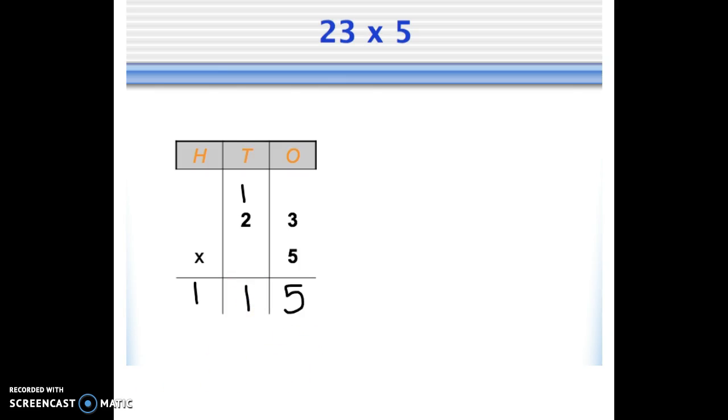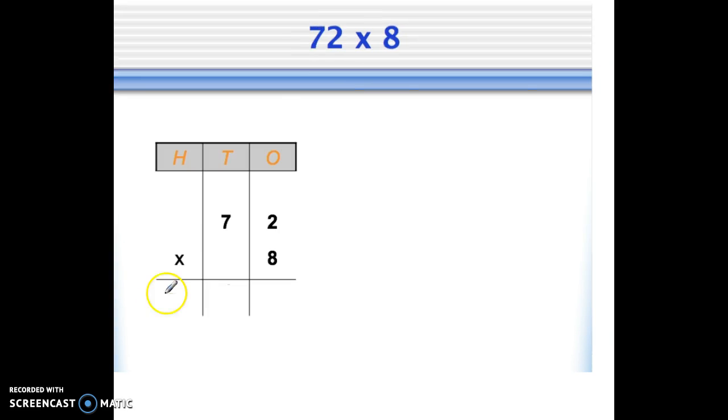All right, let's try one more. All right, go ahead and do this one on a sheet of paper as well. And we'll go ahead and calculate it. All right, 8 times 2, 16, 6. I regroup my 1.